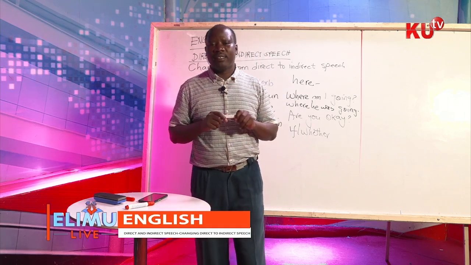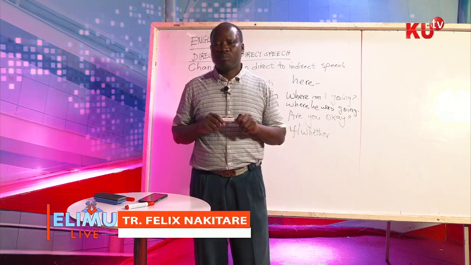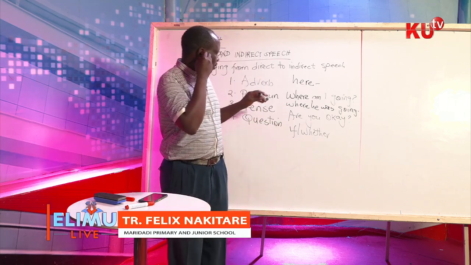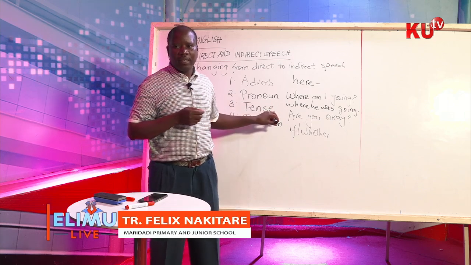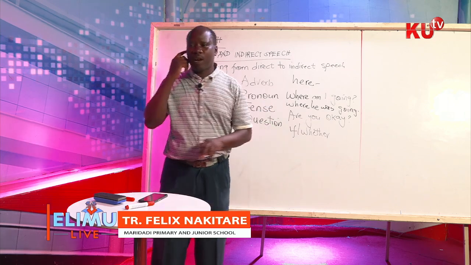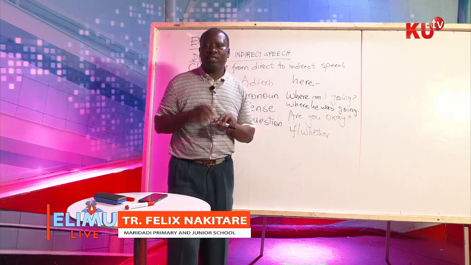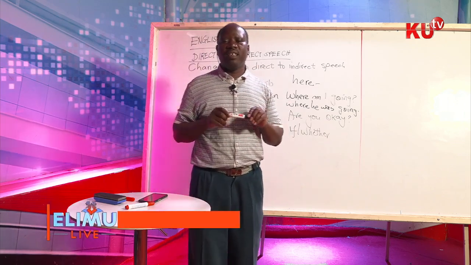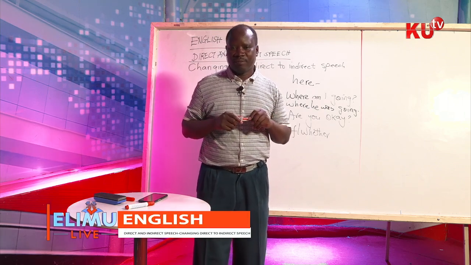The pronoun I changes to he because George is a man. Am changes to was. That is tense. We started with the pronoun, then we come to tense. Then we have another adverb of time, now. Now changes to then. So George said that he was very happy then.